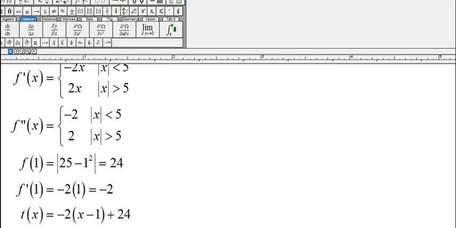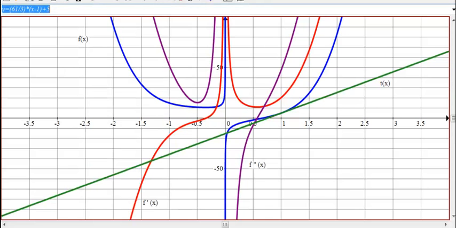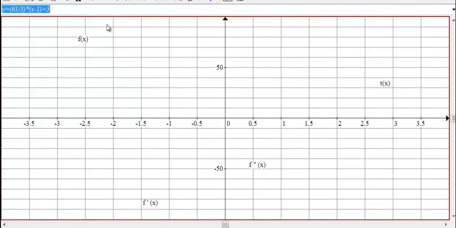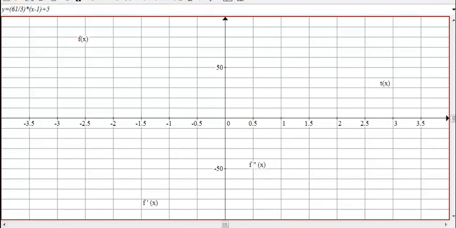Okay, so let's graph these. Let's clear this out. Okay, so the original function was, I think we can actually type this in like it originally is, with absolute value of 25 minus x squared.